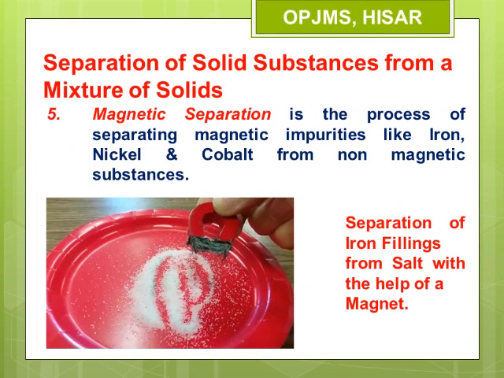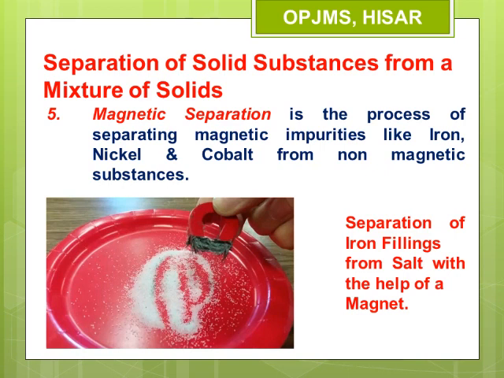Magnetic separation technique can also be used for separation of a solid from a mixture of two solids, but it is based upon the physical property that some substances are magnetic in nature while others are non-magnetic.